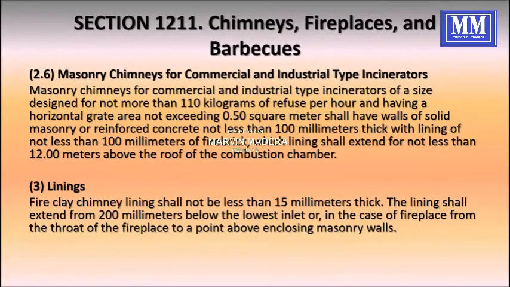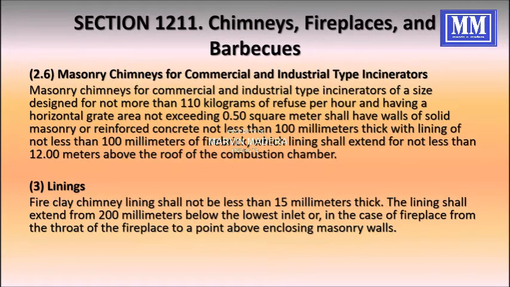Masonry chimney for commercial and industrial type incinerators. Masonry chimney for commercial and industrial type incinerators of a size designed for not more than 110 kilograms of refuse per hour and having a horizontal grate area not exceeding 0.5 square meters shall have walls of solid masonry or reinforced concrete not less than 100 millimeters thick with lining of not less than 200 millimeters of fire brick, which lining shall extend for not less than 12 meters above the roof of the combustion chamber.